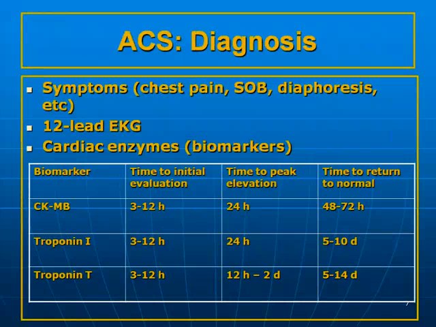So if we look at slide number 7, this is kind of a quick overview of the diagnostic process that we need to go through in a patient we suspect has acute coronary syndrome. Obviously, patients have to have some symptoms that bring them to medical care, whether it's chest pain, which is most likely, or shortness of breath, diaphoresis, perhaps nausea, vomiting.